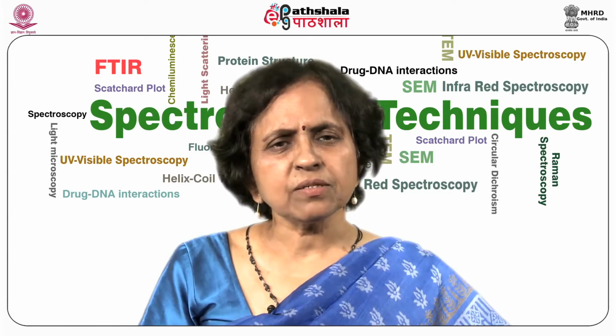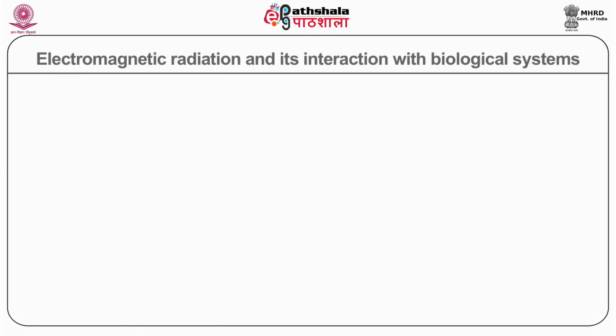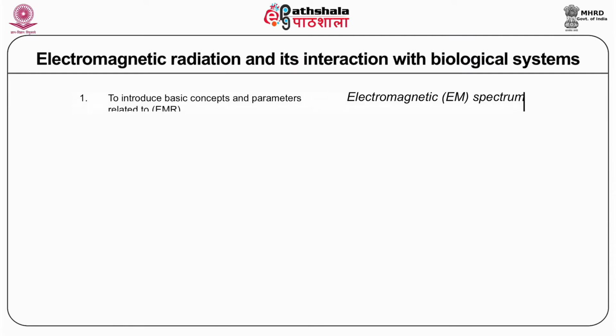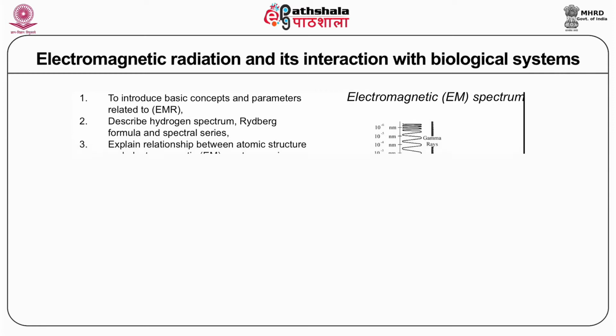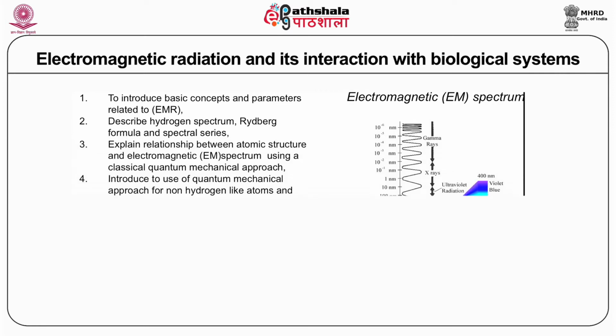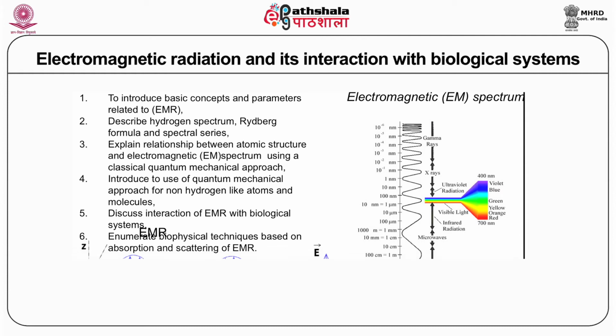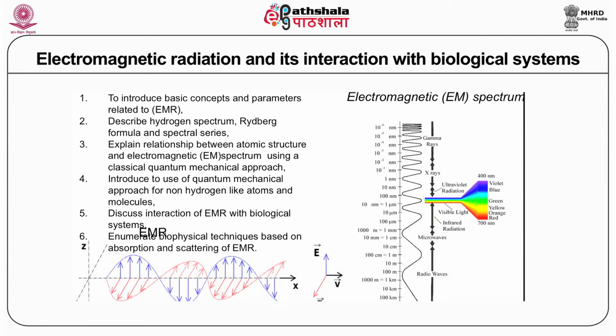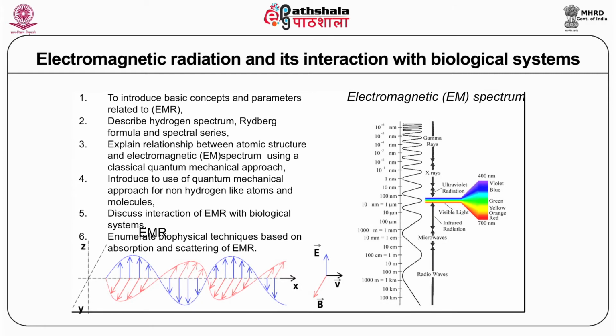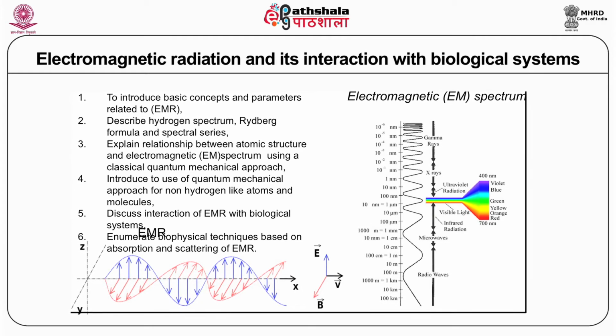Now the next one is on how electromagnetic radiation interacts with biological systems. Here I want to introduce you to the basic concepts of the parameters that are related to the EMR. You did study these things in your paper 1 and also in paper 2, which is completely devoted to quantum biophysics. However, it is important when you are studying the interaction of this electromagnetic radiation with biological molecules.